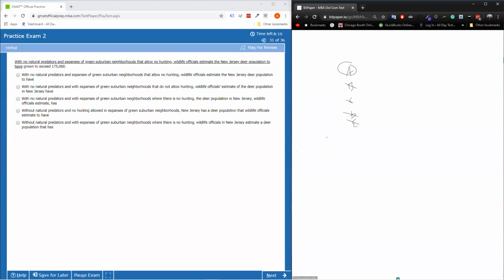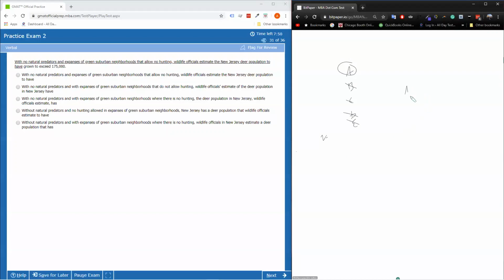With no natural predators and expanses of green suburban neighborhoods that allow no hunting, wildlife officials estimate the New Jersey deer population to have grown to exceed 175,000.